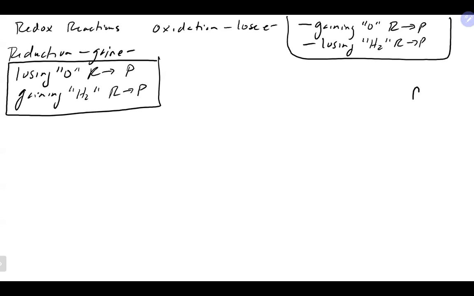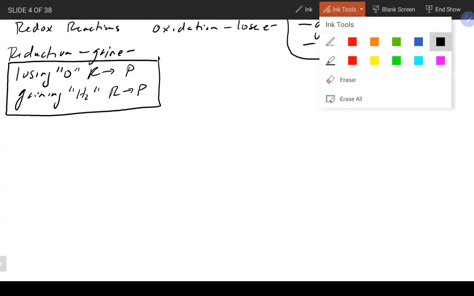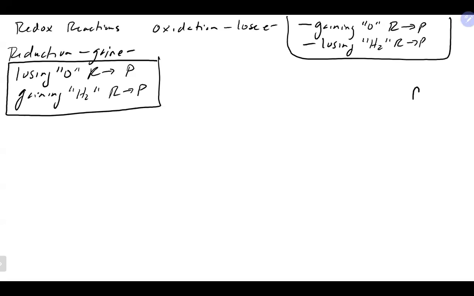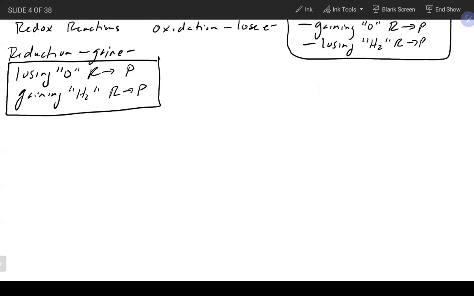Once again, in organic chemistry, we really do focus in on those two definitions for reduction. And oxidation is either gaining oxygen or losing hydrogen, while reduction is losing oxygen or gaining hydrogen as you go from reactants to products.